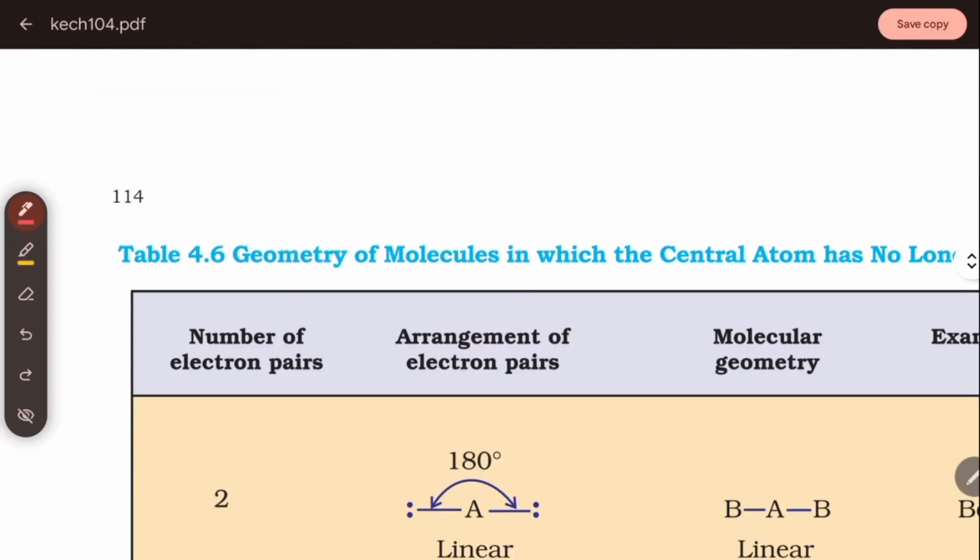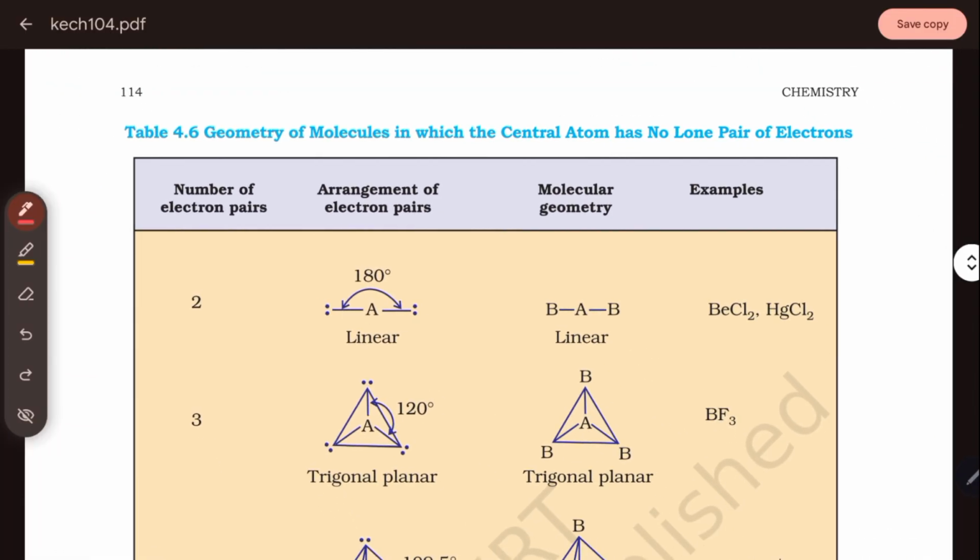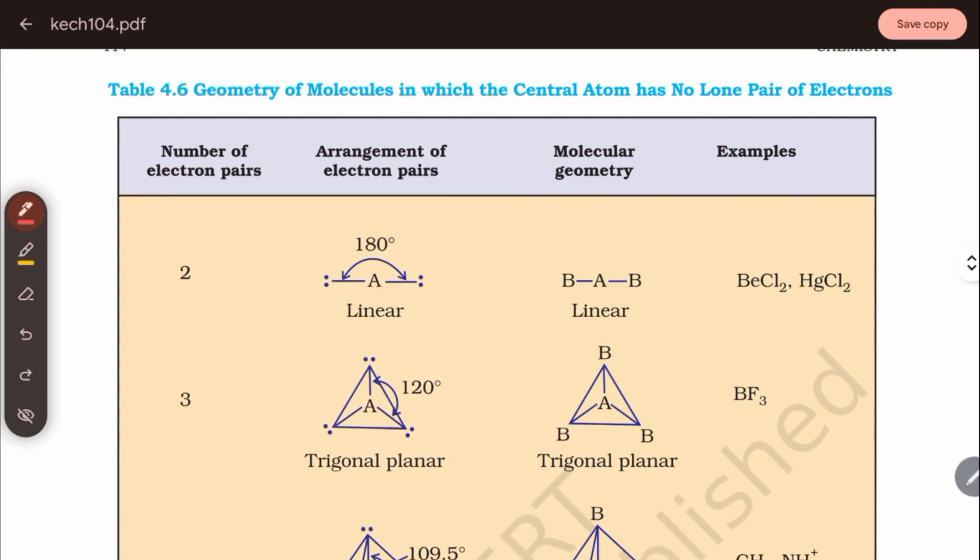Next, let us see the examples in a tabular form. Geometry of molecules in which the central atom has no lone pair of electrons. So as many electron pairs as there are, they are all bond pairs, because there is zero lone pair.